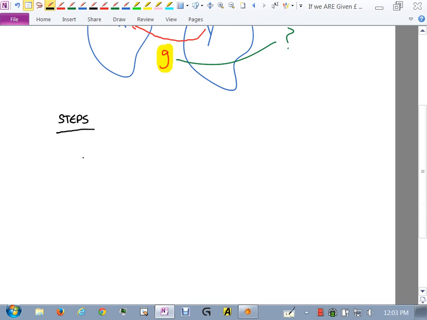First thing, and remember, you're given in the problem a function, f of x, a function of x. The first thing you'll do is replace f of x with y.